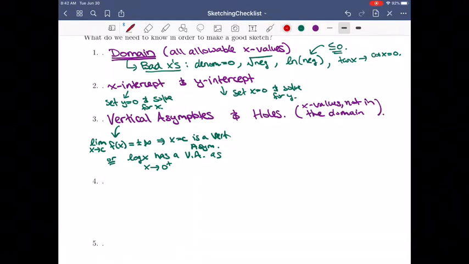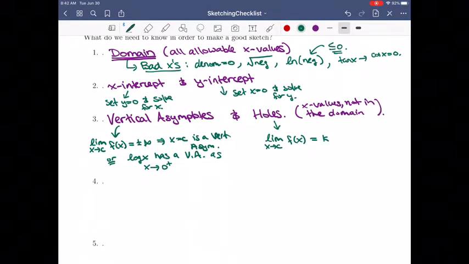Well, let's do the holes first. So when do you get a hole? This is actually when the limit as you approach c of f of x is equal to some value k, but c is not in the domain. The limit exists and equals some number.